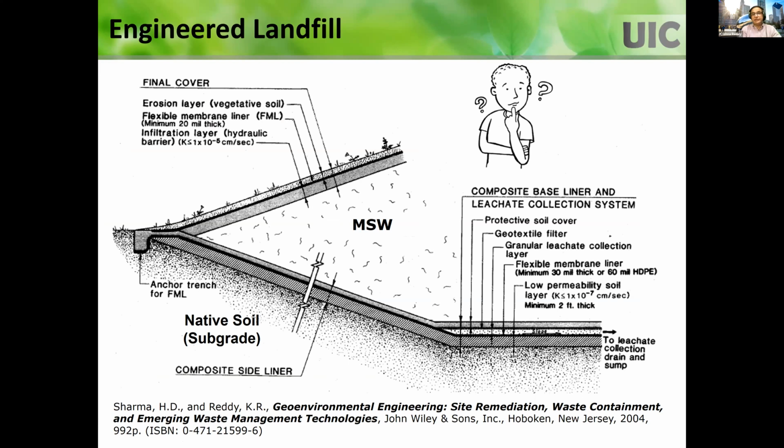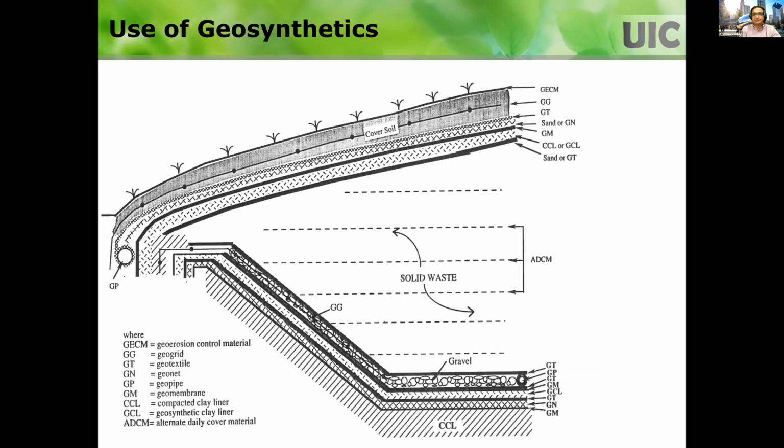But you need to think about it. I put this question mark because what we follow in the US, you should use that information as the basis, and then you can design your own engineered landfills based on the resources that you have. Geotechnical engineers work a lot with geosynthetics, and geosynthetics can be used extensively for landfill components. You can use them in the bottom liner, side liner, leachate collection system, and the final covers.